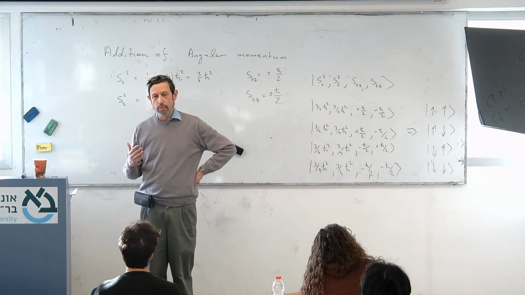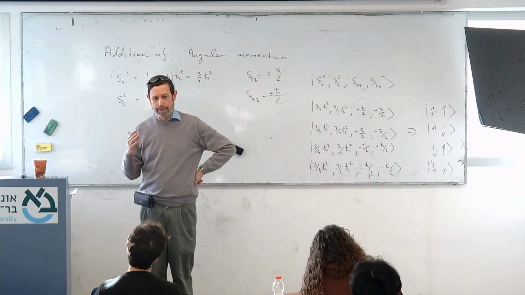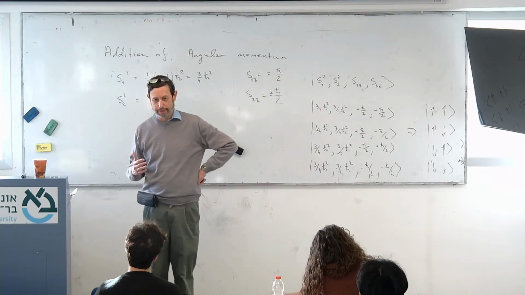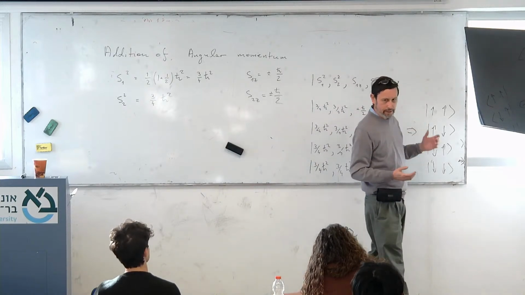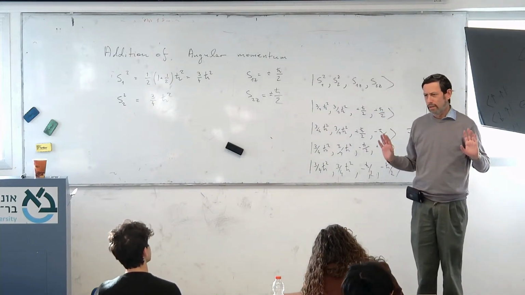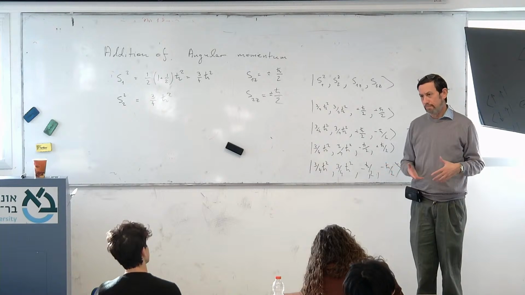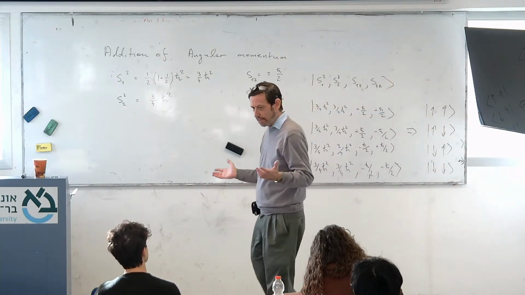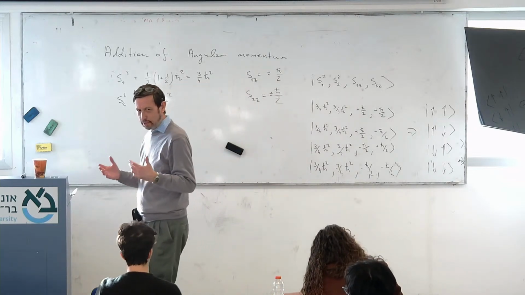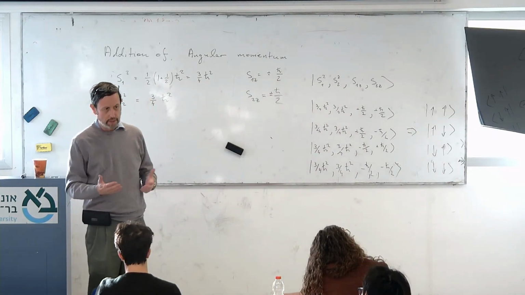Okay, one big problem in many-particle physics is, let's look at this system. Looks benign, not very threatening, nothing to be afraid of. You add a third spin. It's clear what to do.